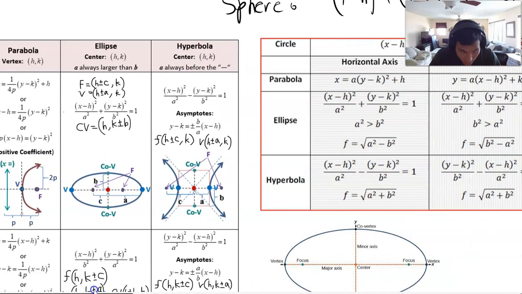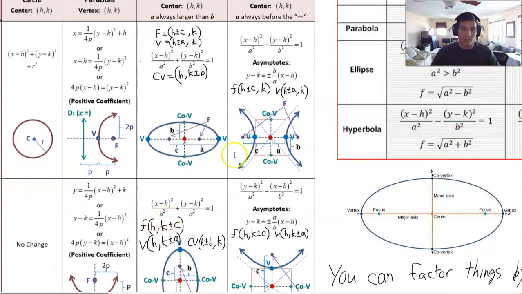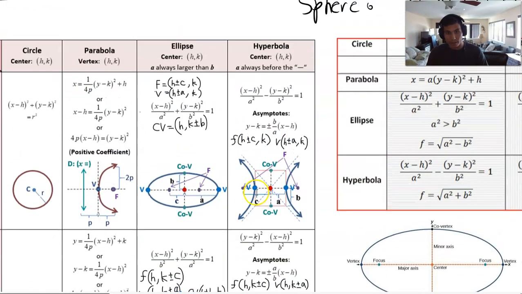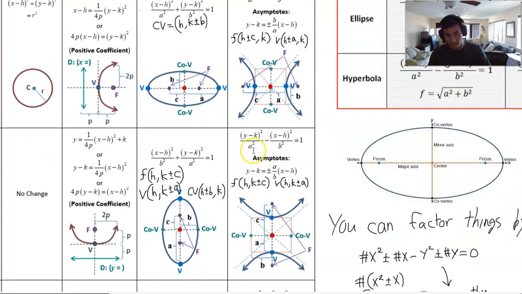Now, let's use this cheat sheet, because it's a better cheat sheet. We note that this is the one we're using, right? So we get y minus k, and we have this very similar situation, except our a is square root 8.